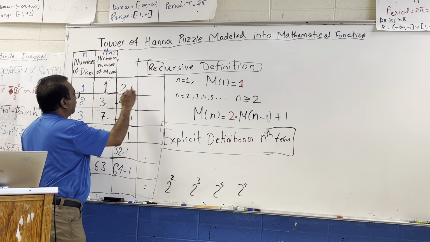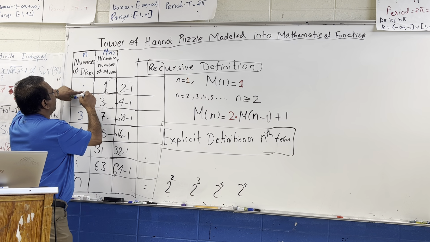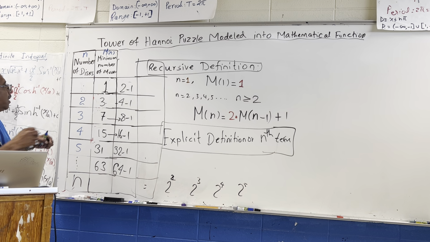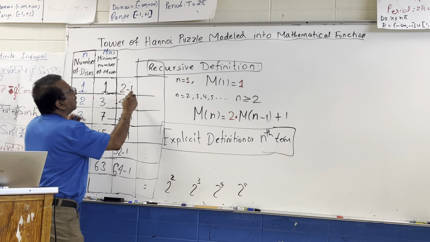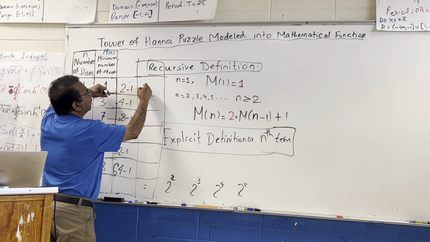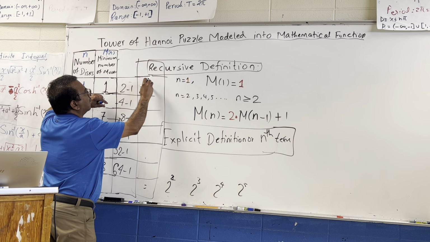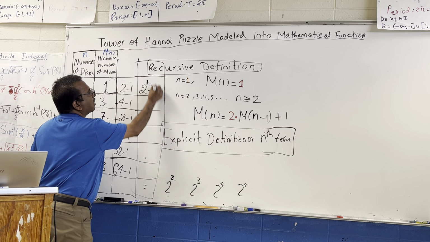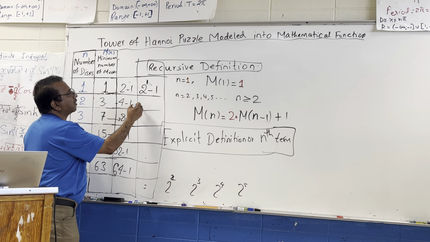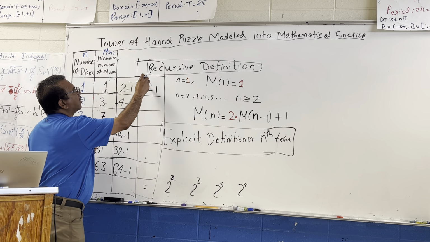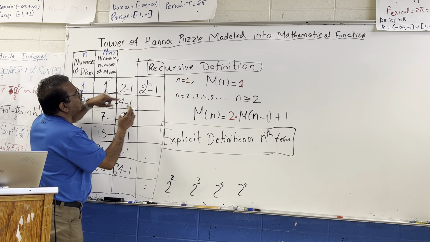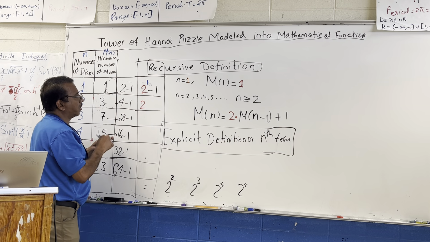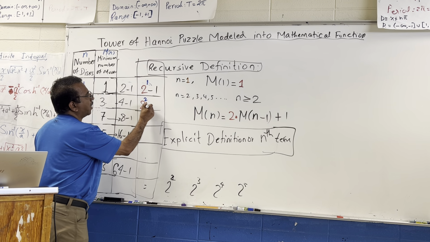This becomes 2 raised to, if there is a 1 here, let's see, okay, I already used the blue color. So this is 2 raised to 1 minus 1. Look at that pattern. This 4 is the same 2, let me use red: 2 squared minus 1.